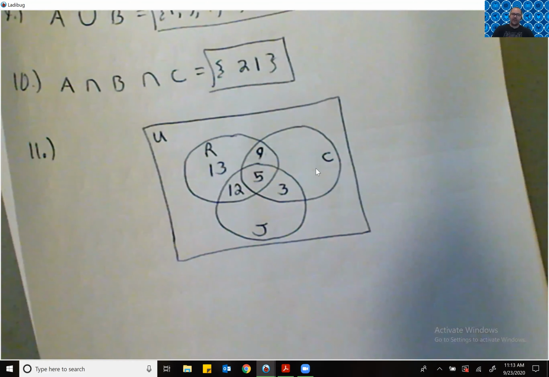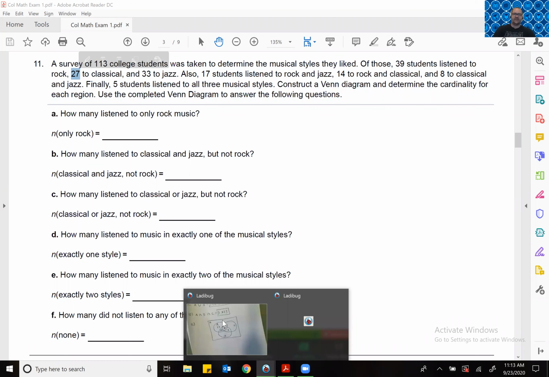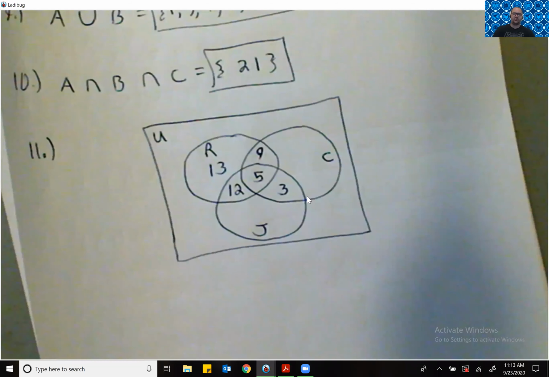Now we're going to talk about classical. So up here it says 27 listen to classical. So this entire circle C is made up of 27, but we have to subtract the 9, the 5, and the 3 to get how many are just classical. Is the answer 10? It is 10.